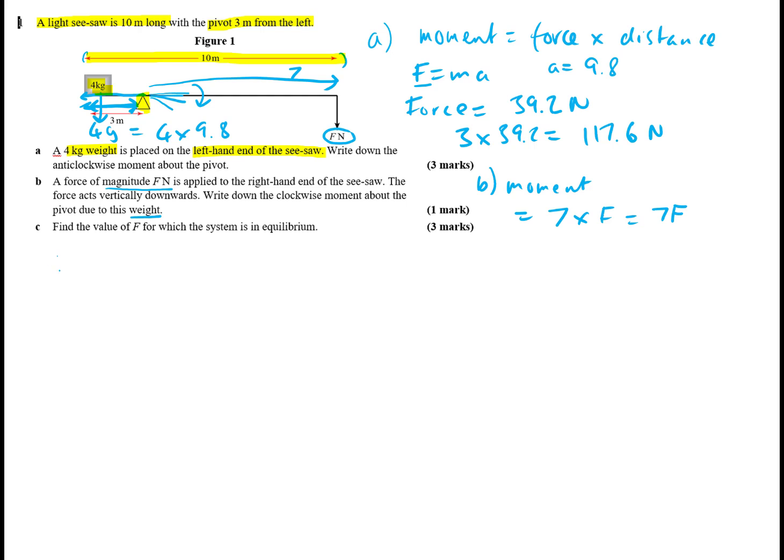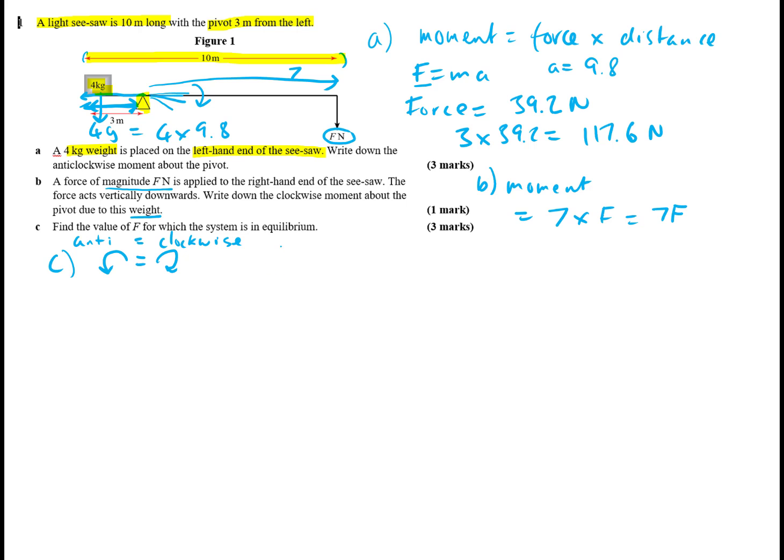Part C, find the value of F for which the system is in equilibrium. So that means the anti-clockwise moment is going to equal the clockwise moment when in equilibrium. Clockwise equals the anti-clockwise. So all we need is to set an equation up.